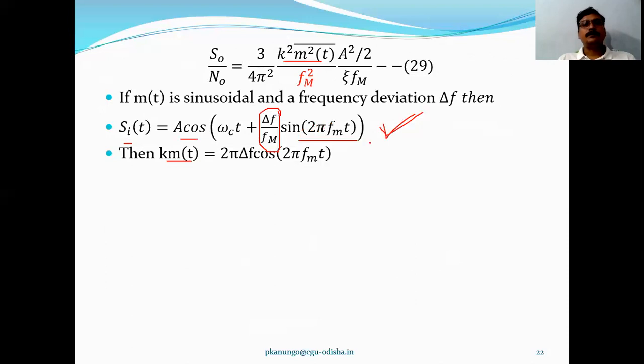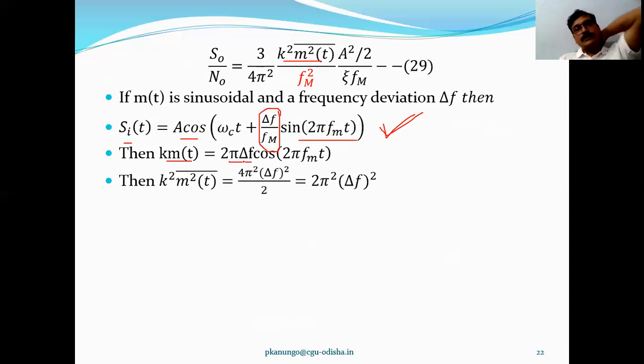If you look at the previous equation, Ac cos omega ct plus k integration from 0 to t of cos 2 pi fmt, then this k term is nothing but the 2 pi delta f term. So k square m square t bar is equal to 4 pi square delta f square by 2, that is equal to 2 pi square delta f square. This is the total power we are calculating there.